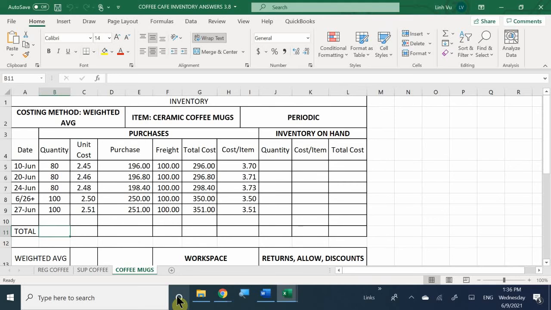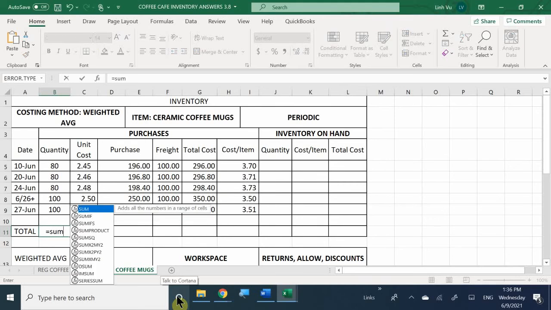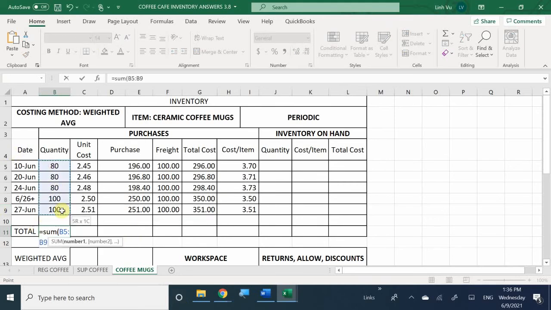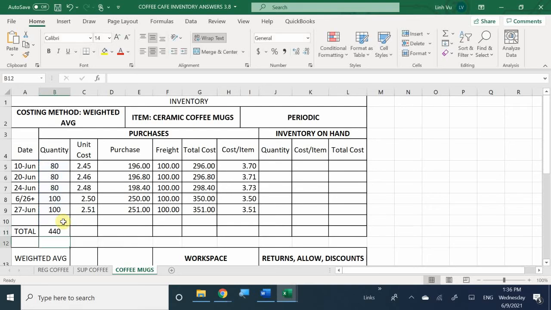We're going to total our quantity, our price, our freight, our total costs, and cost per unit. Okay, so with that being said, what's my first total quantity? 440. 440. Okay.